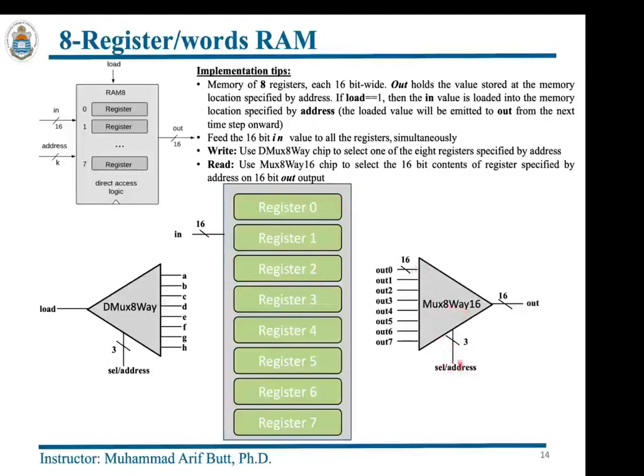So if we have our address 000 over here, the 16-bit contents of this register will be placed over here, and of course will be placed on out. And in case we have the selection address 111 over here, the 16-bit contents of this register will be here and will be placed on out. So this is how we will be able to read this RAM 8 chip.